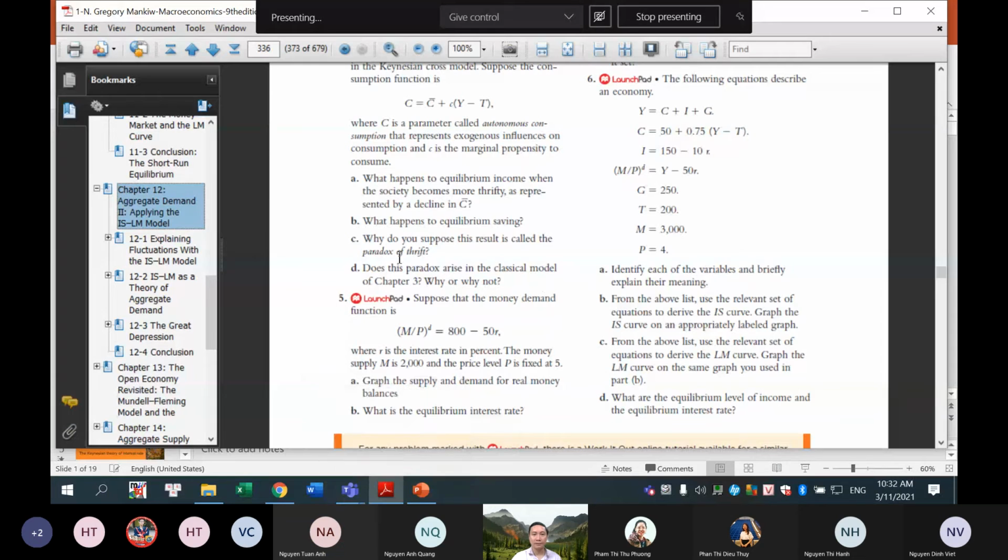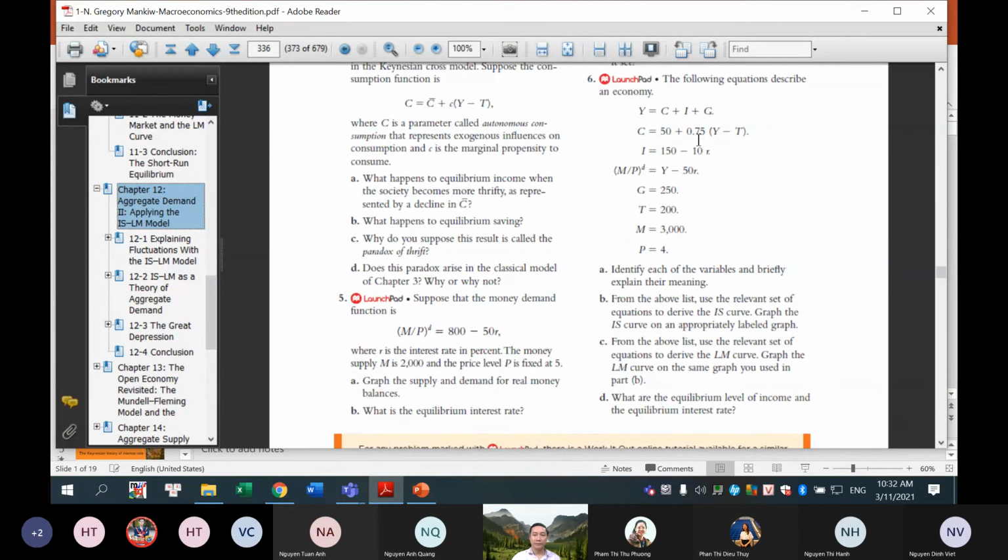The meaning of the following variables. First, Y expresses the output, Z aggregate demand or income. Second, C expresses the consumption spending.